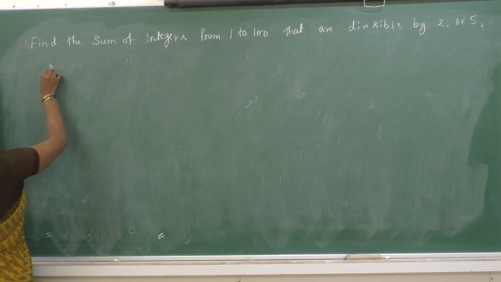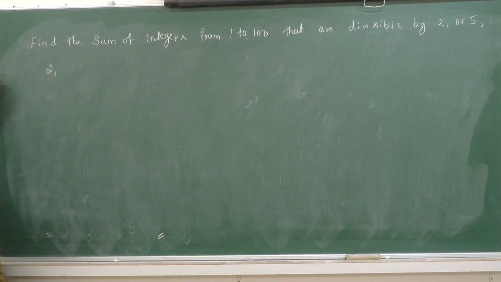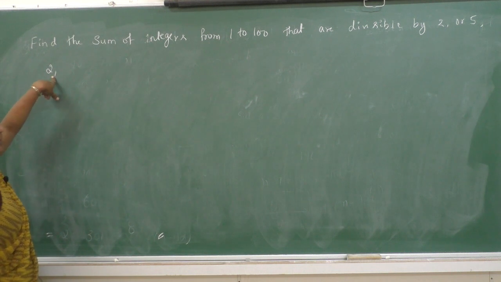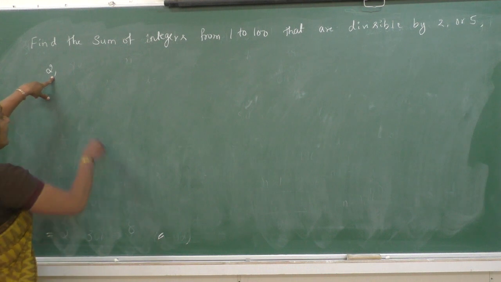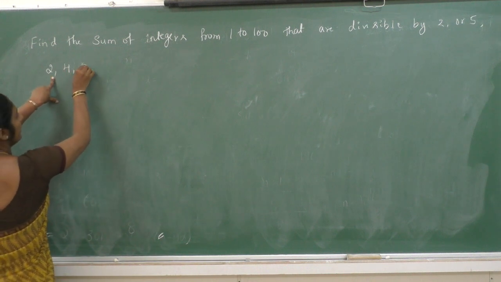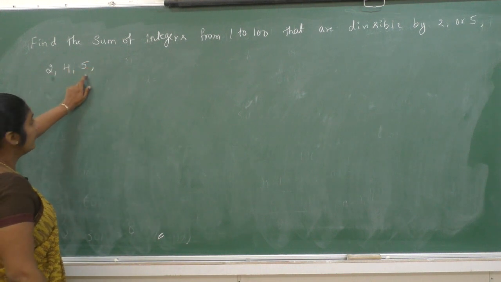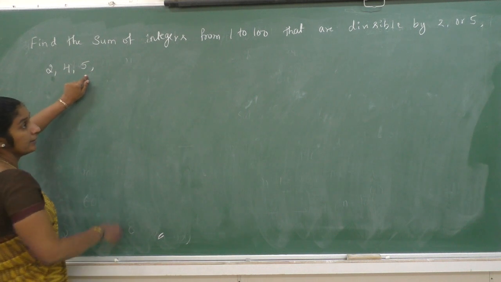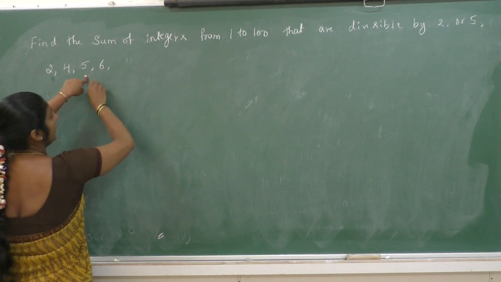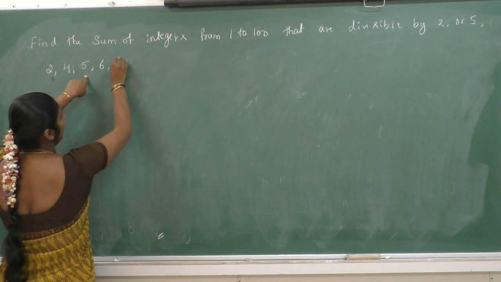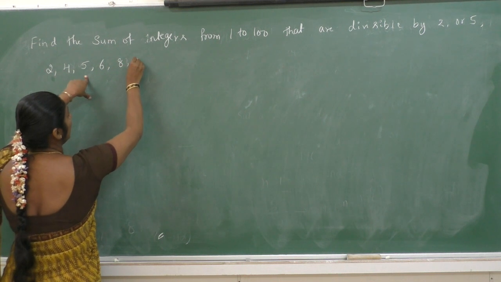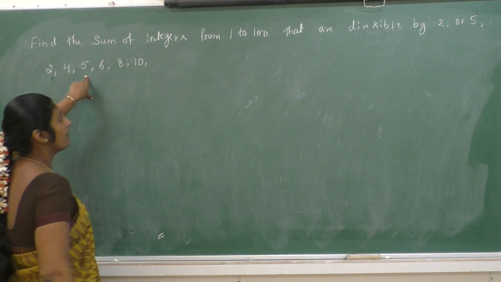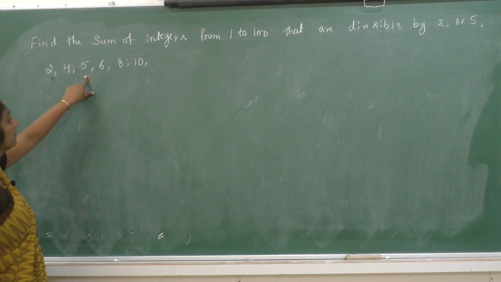So the next number 2 is divisible by 2, then the next number 3 is not divisible by 2. 4 is divisible by 2. Next 5 is divisible by 5. 6 is divisible by 2. 7 no, 8, then 10. 10 is divisible by both, which one?